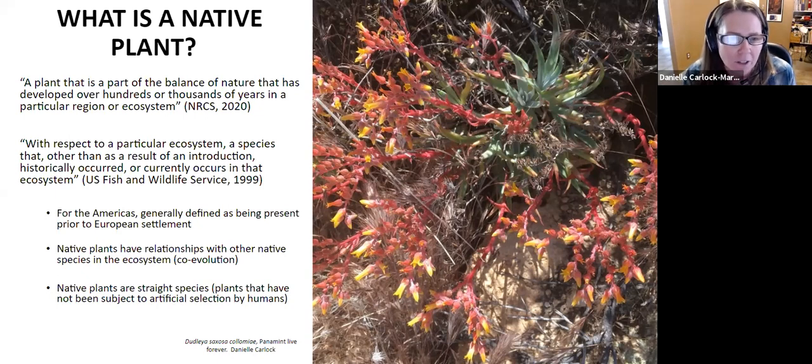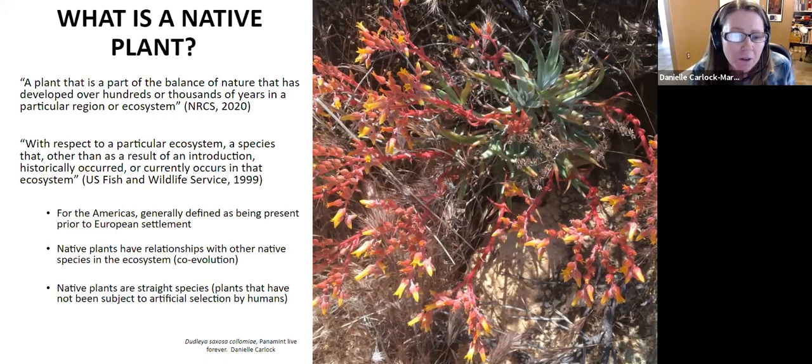The idea that the plant is native if it has developed or evolved in a particular location over a long period of time. And then the other idea is that of being part of the balance of nature. That's what's really important about native plants: because they have evolved in a location over a long period of time, they've evolved to the conditions, the soils, the other climatic conditions in that area.